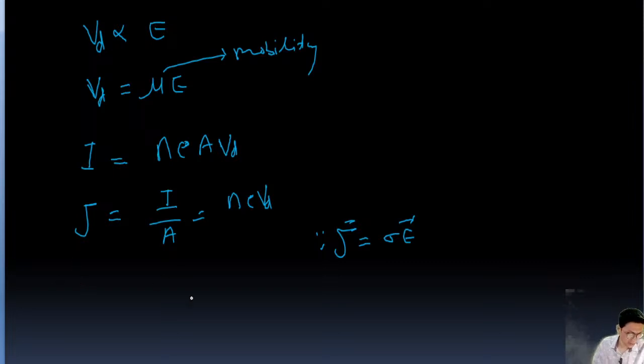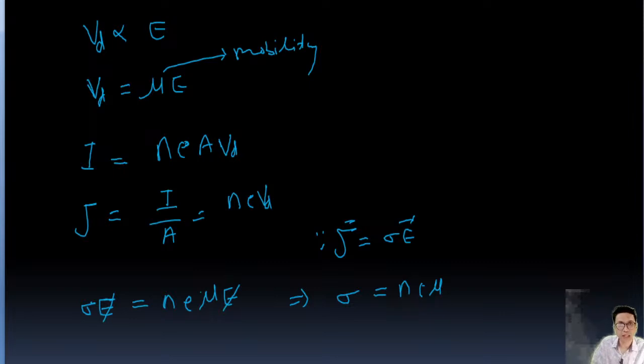So from here we can put the value of sigma. Sigma E is going to be NEVd, and Vd is mu E. The E's get cancelled, which implies sigma equals NE mu. This is important.